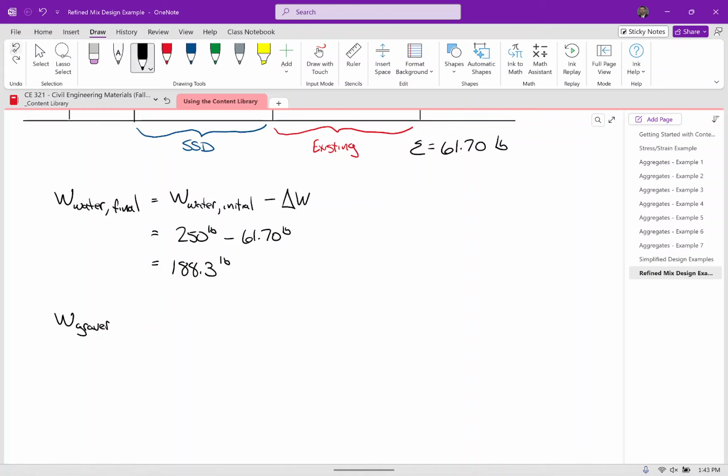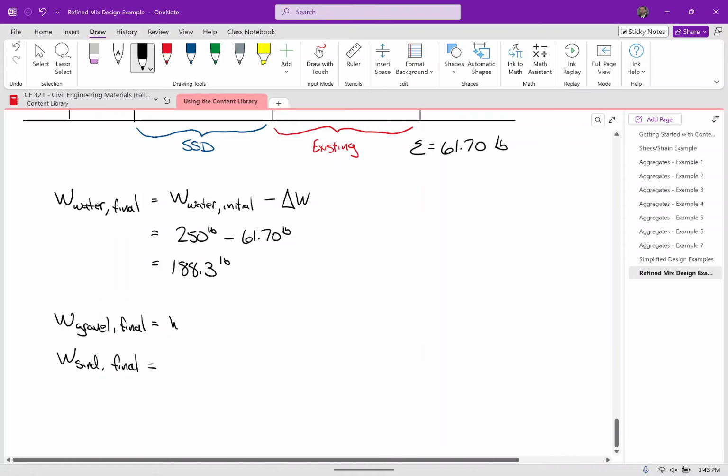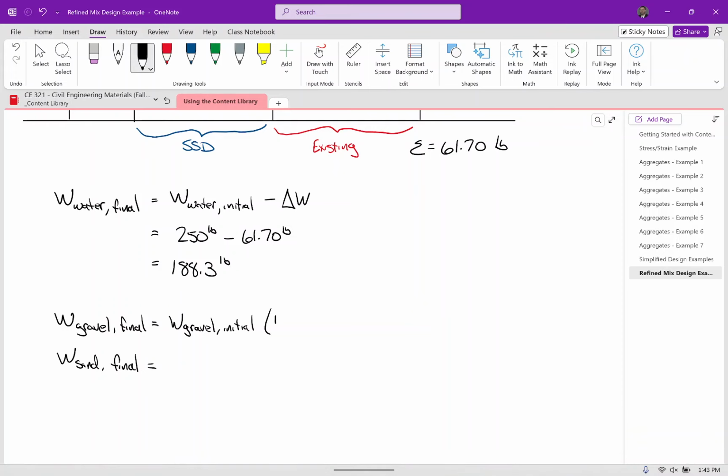Gravel. So the weight of the gravel and the weight of the sand final is just going to be the initial weights times 1 plus the water content.